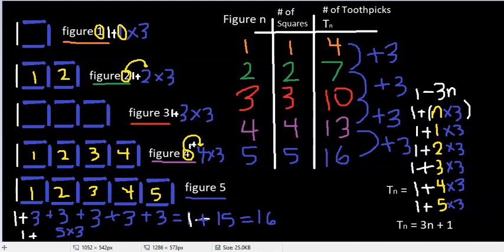So I really hope this demonstration explains thoroughly how we obtain the formula T of n equals 3n plus 1, and how this formula relates to our train of squares.